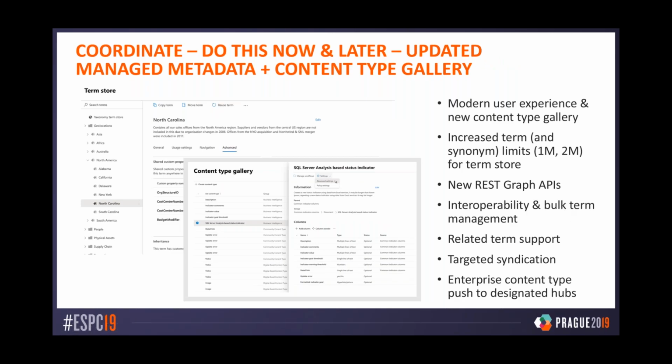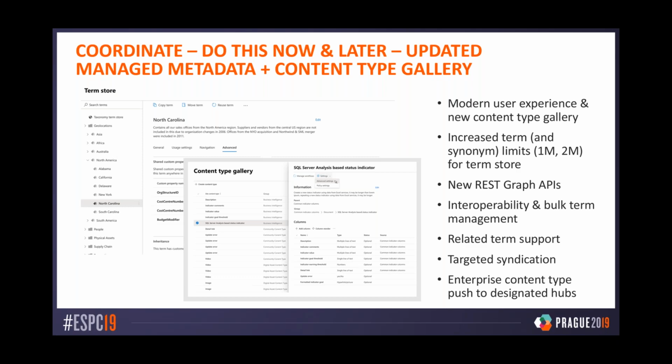So then another thing you can do to enforce consistency in metadata and classification is use the managed metadata service or the term store. Now, this has been around since SharePoint 2010, and it hasn't really been updated since then.